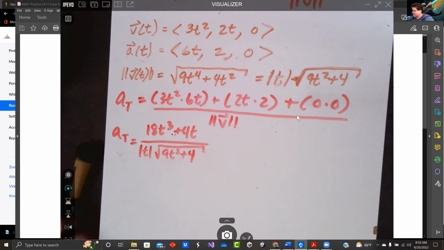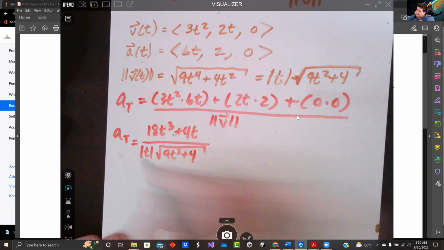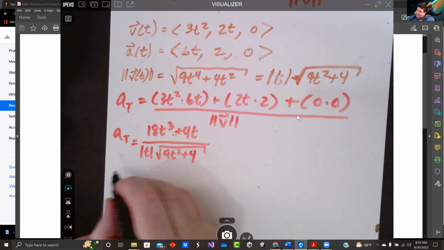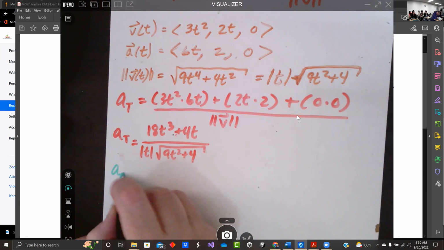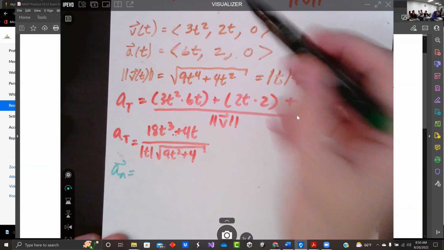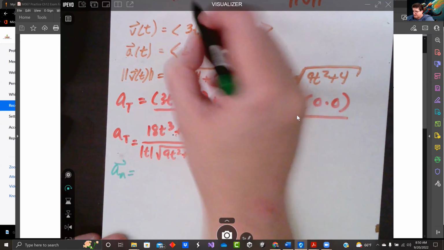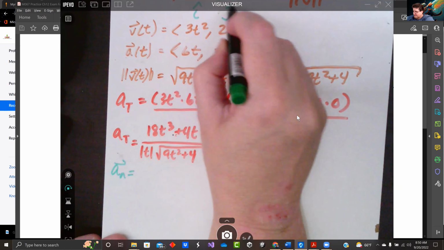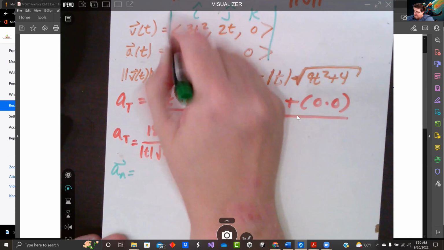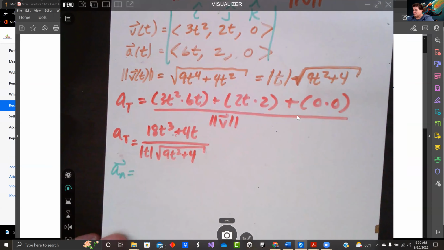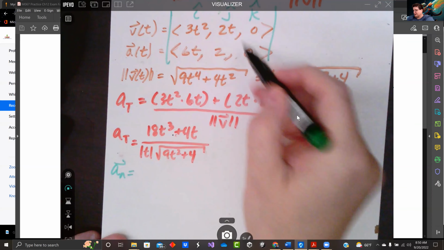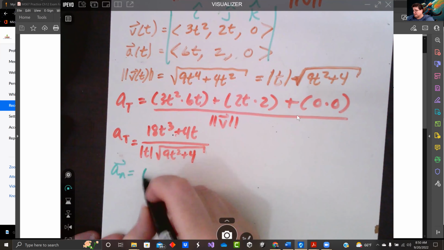So now if we do A, so what is V cross A? Let's put IJK up here and make a matrix. My I component is just flat out 0.